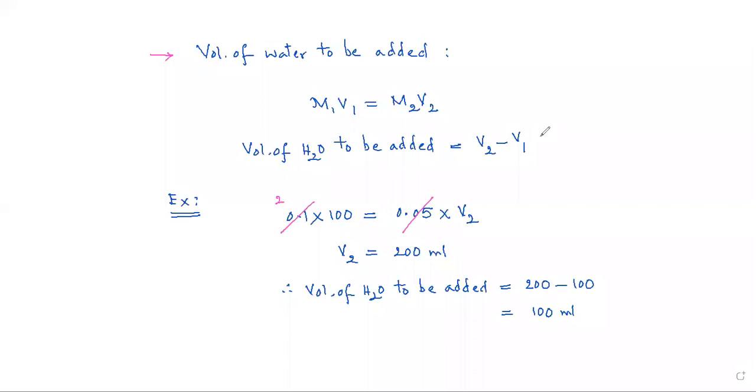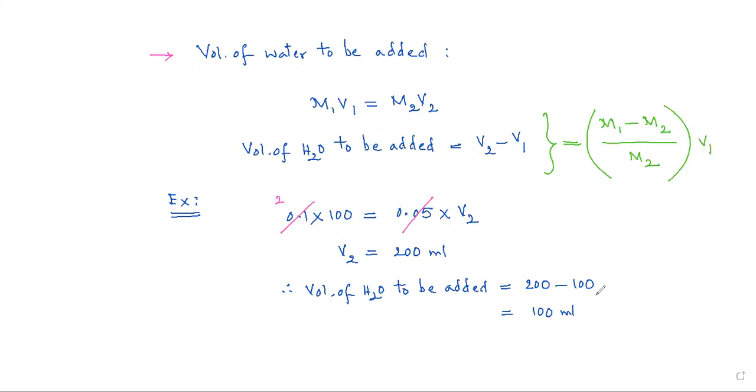See, for volume of water to be added, we can also use a direct relation. Of course, merging these two, we can give a relation (M1 minus M2) by M2 into V1.